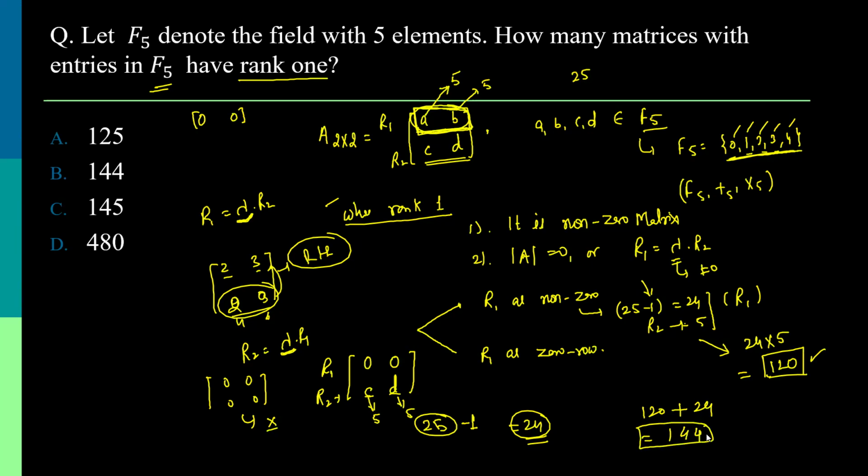So in this manner, a total of 144 matrices exist whose entries come from F5 and the rank is 1. So the right answer for the problem is 144. I hope you understand it.